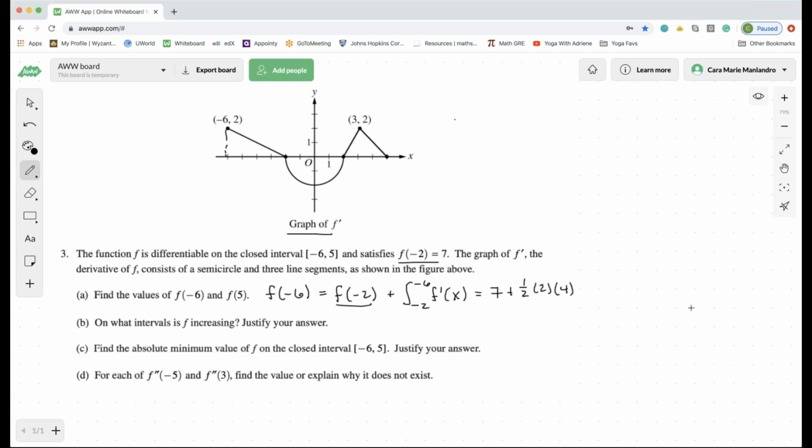Oh, careful. That needs to be a minus sign. Did anybody spot my mistake? This is 4. So 7 minus, I've got to flip my bounds here, 6 to -2, because of what was actually in the area.